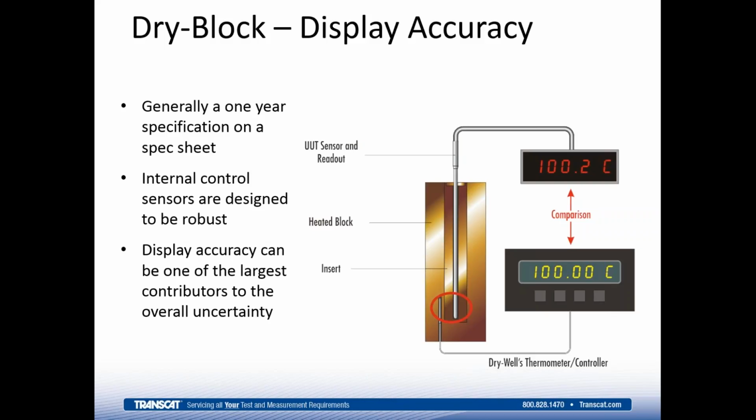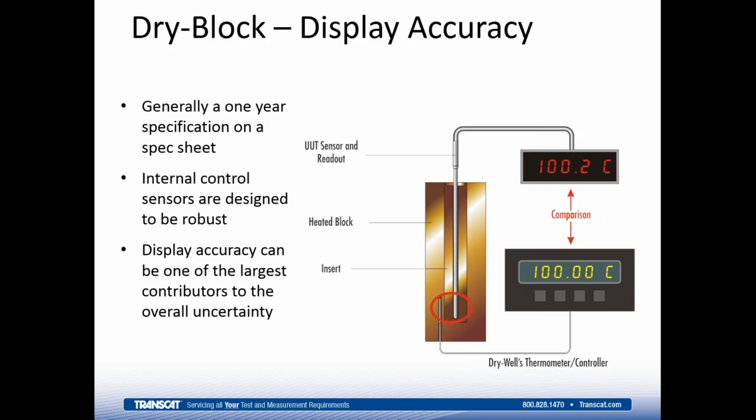It includes the internal control sensors that are inside of the dry block that we talked about earlier. It's going to be down at the bottom. Because it needs to be pretty robust so that you can carry it around and it's not going to get knocked out of calibration just because you carried it from one location to another, we have to make it more resistant to that kind of damage.